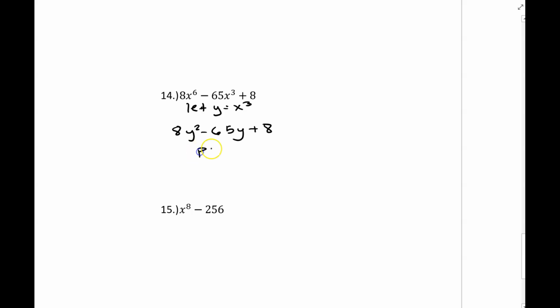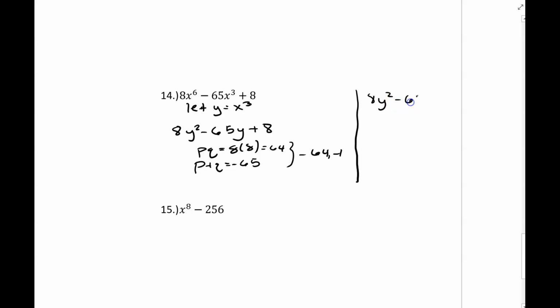So what I'm going to need to do is find the two numbers that multiply to give me 8 times 8, and then add to give me negative 65. Hopefully it's not hard to see that those two numbers are going to be negative 64 and negative 1. So what I do with those two numbers then is I'm going to replace the negative 65y with negative 64y plus a negative 1y.